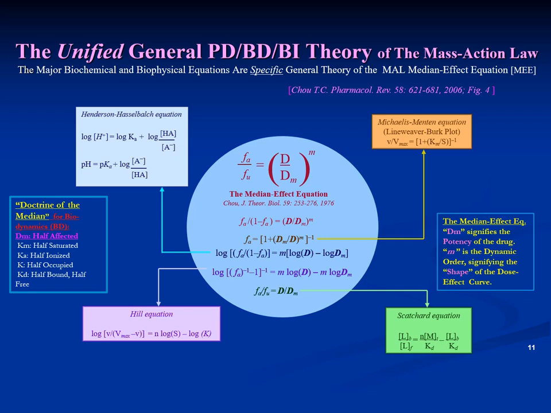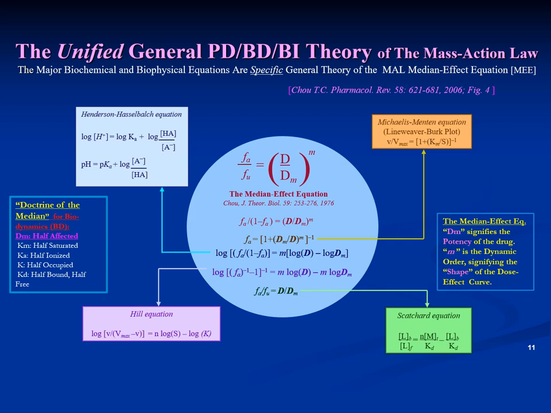In short, the median effect equation, also called doctrine of the median, is defined by fa over fu equal D over Dm to the mth power.